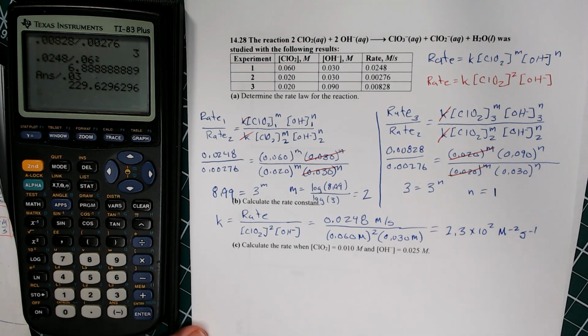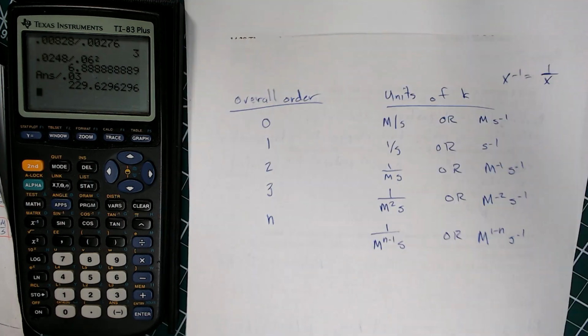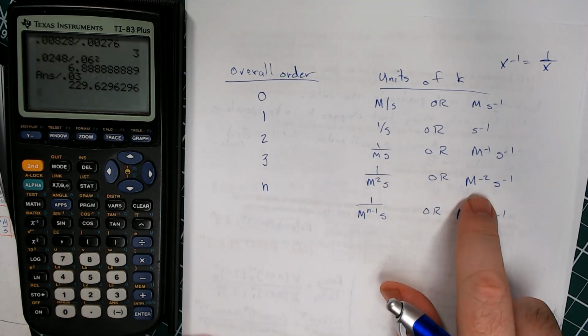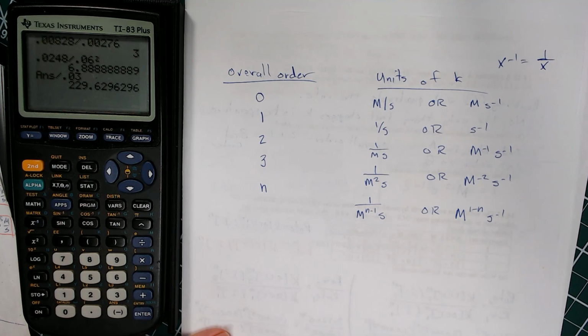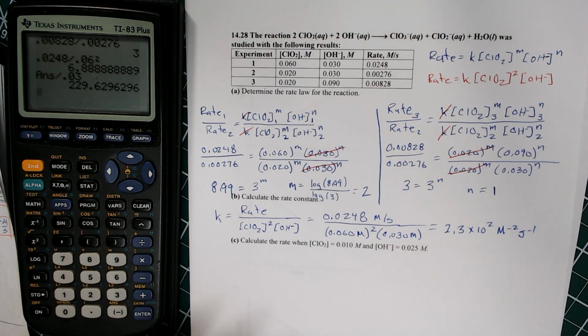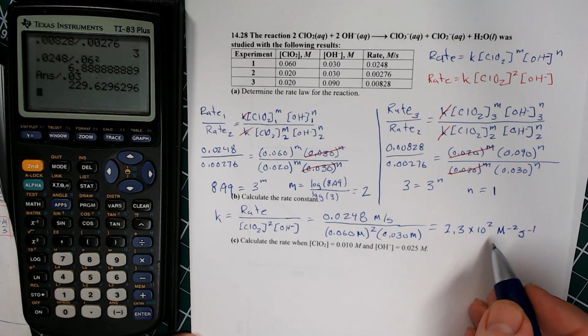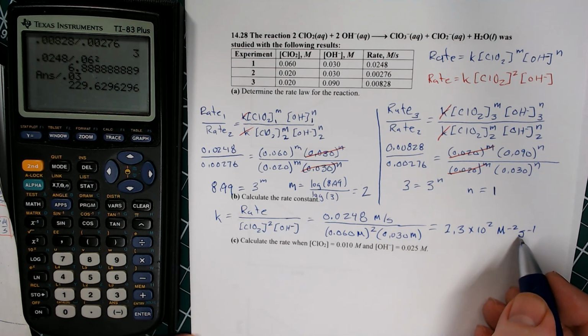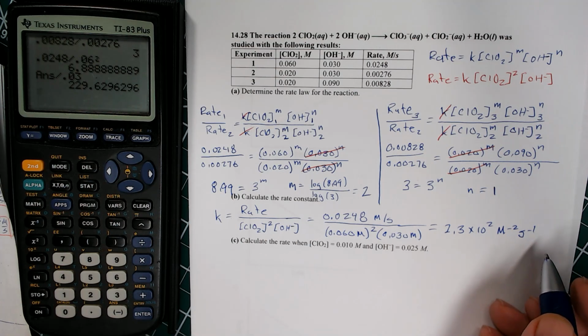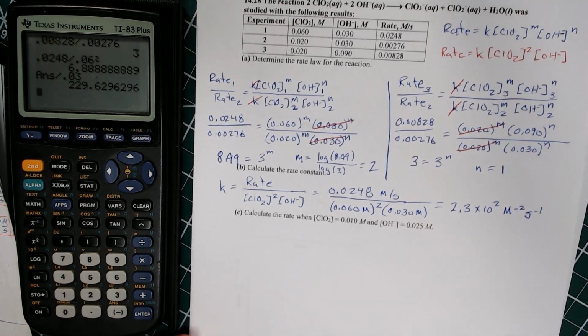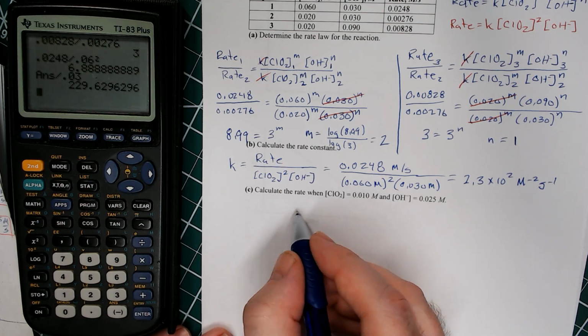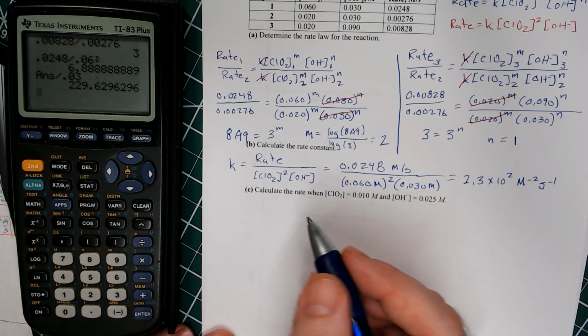Well, as we saw a little bit earlier, this is a third order overall reaction. If it's third order, it's molar to the -2, seconds to the -1. All right, so 2.3 times 10 to the 2 molar to the -2, seconds to the -1. So finally, we're now ready to calculate the rate in this particular situation.